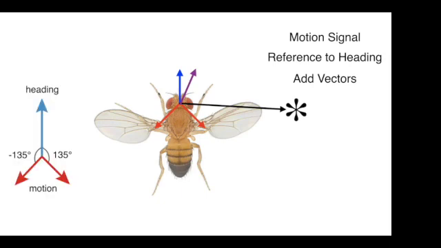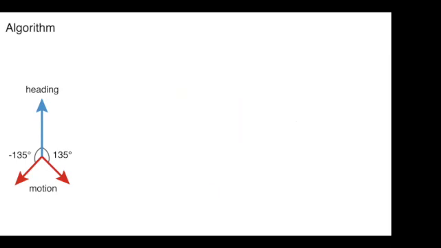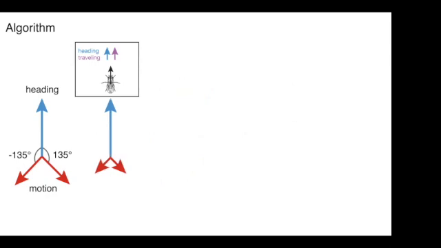The vectors we're talking about are a forward heading direction and two backward-angled motion direction signals. Let me talk about the algorithm, or what calculation has to be done. It looks like this. If the fly is moving forward, then the motion in the backward direction is reduced, so those backward vectors get shorter.